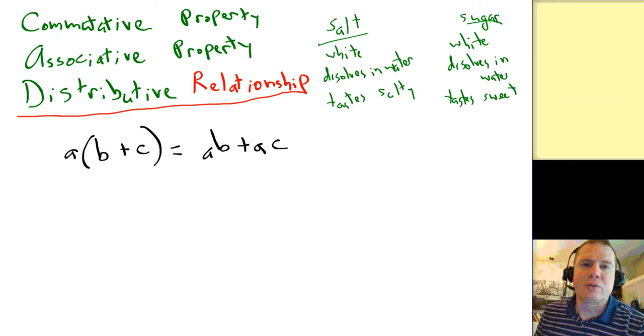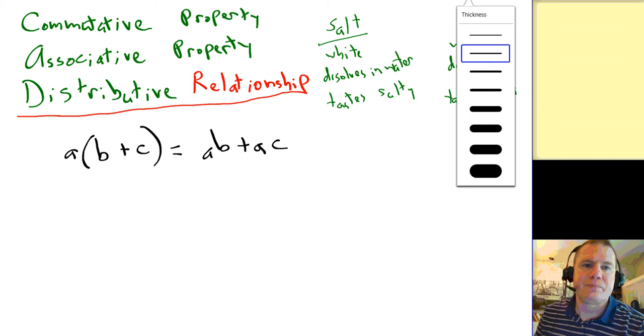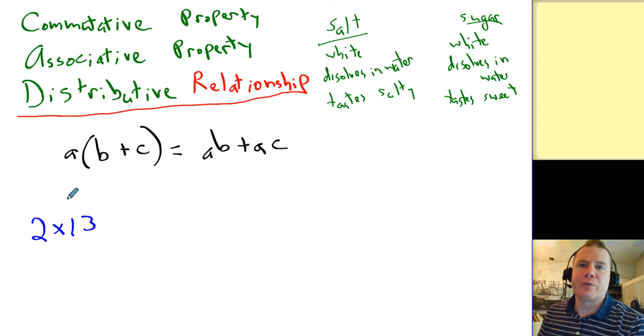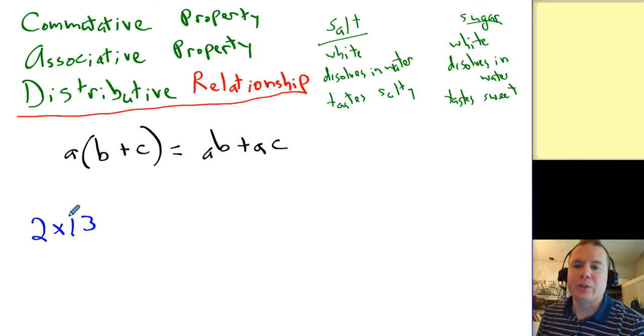So let's look at an example. 2 times 13. Most of my other examples so far I've been using one-digit numbers. I want the focus to be on the operation, not on the calculation of doing that operation. So branching out into two-digit numbers here, how do we find out what 2 times 13 is?